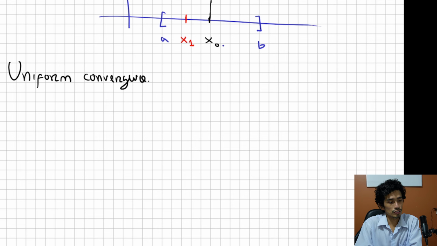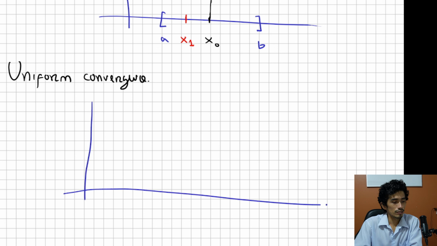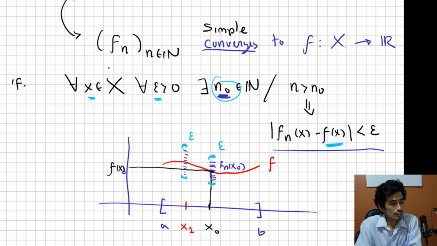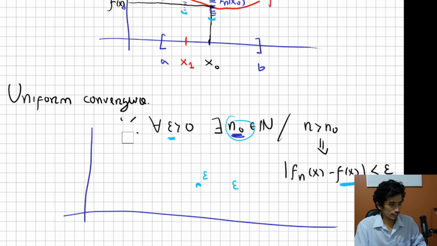Uniform convergence is not about having one index for every point and every epsilon, but one particular index that works for the whole domain. So let's copy that and erase this.